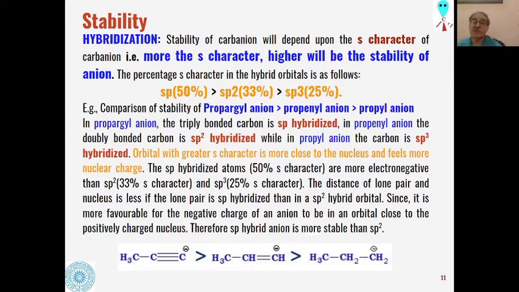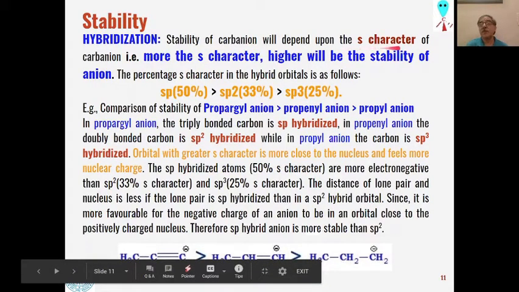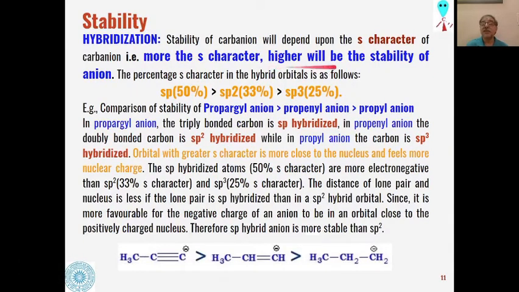Then there is hybridization. Hybridization depends on the s character of the carbanion. The more the s character, the higher will be the stability of the anion. For example, in sp hybridized orbitals, the s character is 50%. In sp2 hybridized carbons, the s character is 33%. In sp3 hybridized carbons, the s character is 25%.